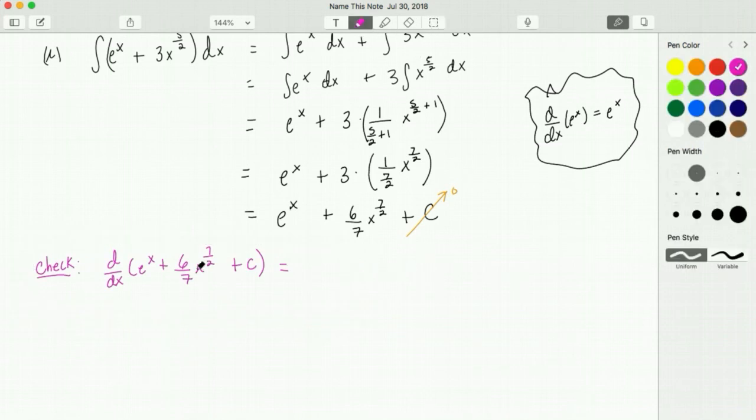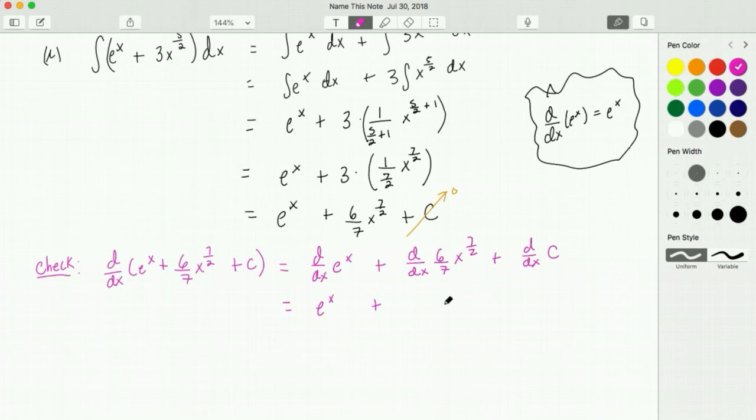Okay. So again, we know that this is a sum, so we can do them all separately. Now again, because of this rule, we know that the derivative of e to the x is just e to the x plus, now let's do this one.